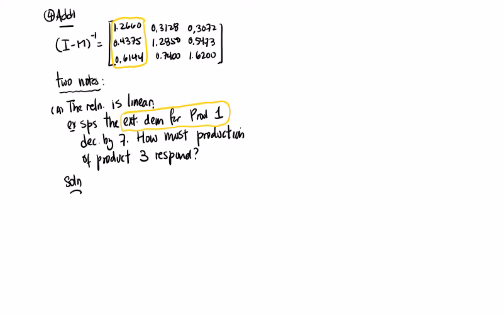Let's be really clear here. External demand for product 1 changes; that's the first column. The third entry, because we're looking at how product 3 must respond, is right here.